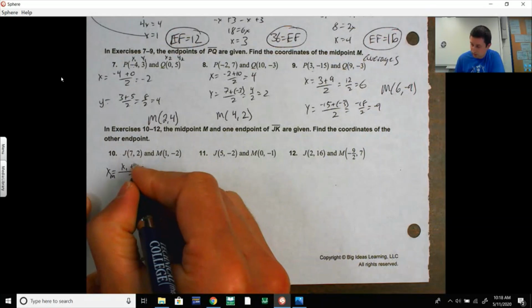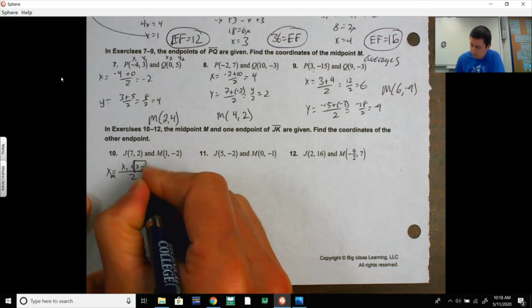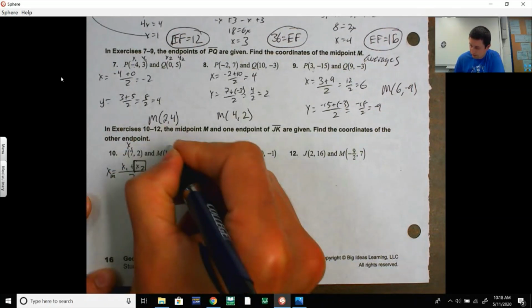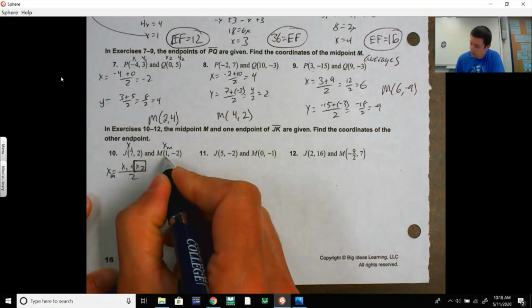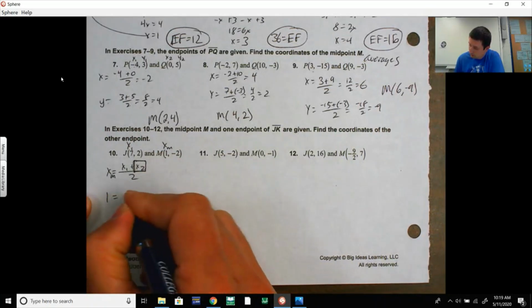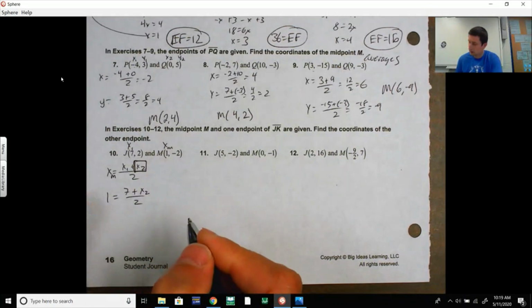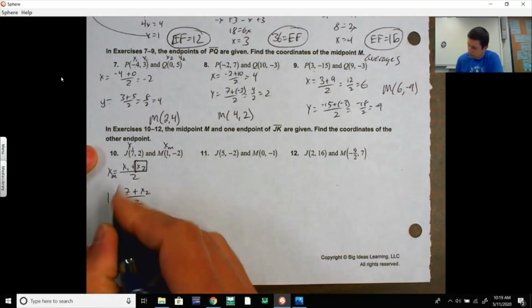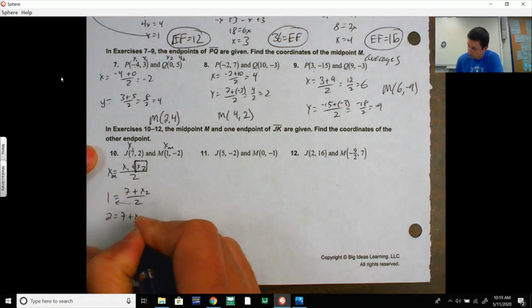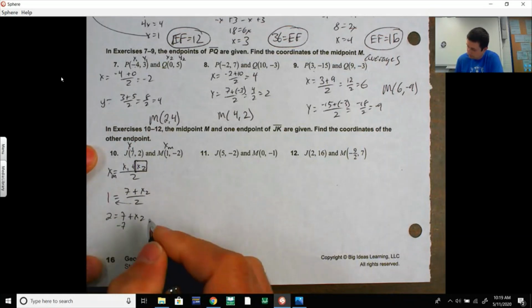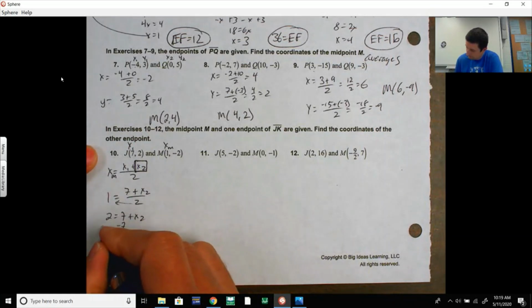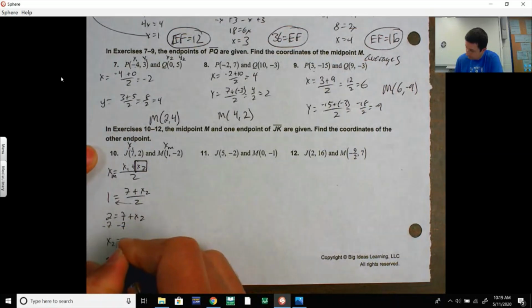So what we're looking for here is this one. So this is x1, and this is xM, that's our midpoint. So 1 equals 7 plus x2 divided by 2. So multiply the 2 over. 2 equals 7 plus x2, and minus the 7. So x2 equals negative 5.